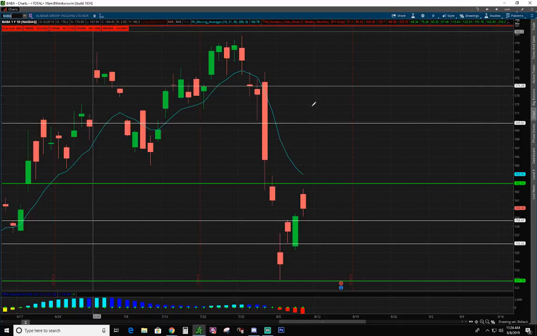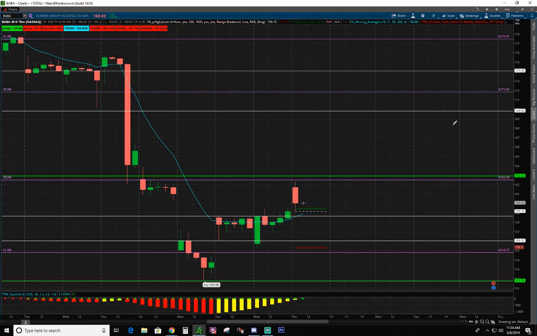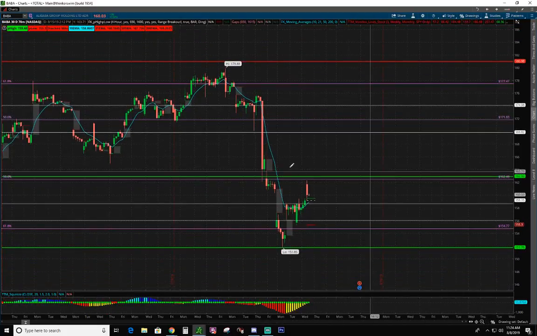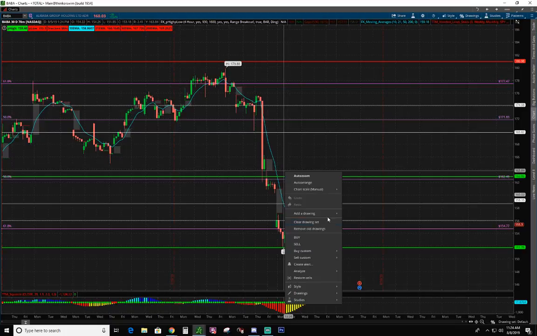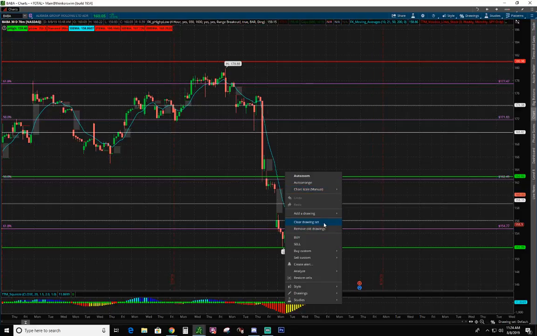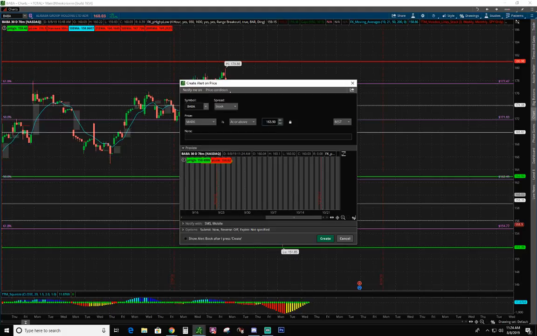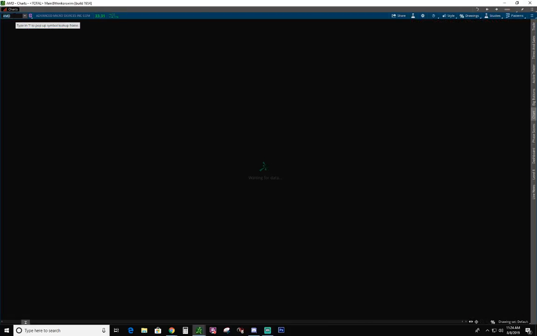So, we got BABA. Let's take a look. We're in AMD and BABA. Let's take a look at a smaller time frame here. As long as we can stay above the range. We got a gap. I want to set an alert here. Oh, we do have a snow line. Create alert into the gap in AMD.